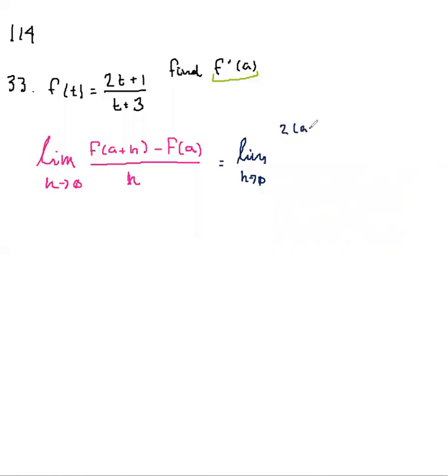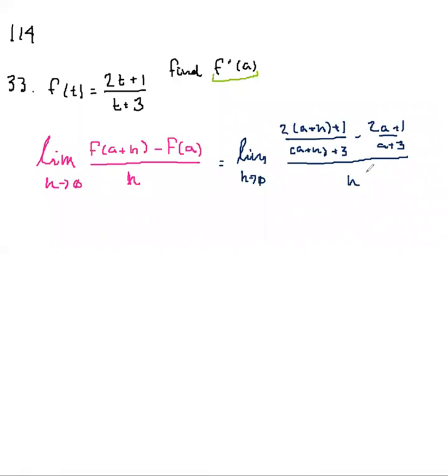So f is 2 times a plus h plus 1 over a plus h plus 3 minus, and now we have f of a, we're just going to leave it as 2a plus 1 over a plus 3. And all of that is going to be over h.